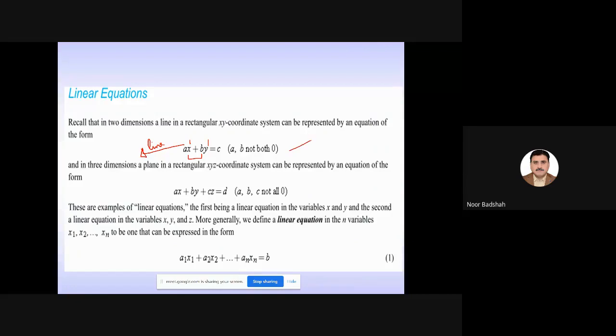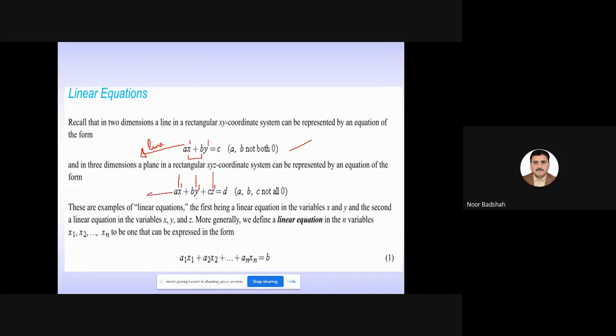That is representing a line, straight line. Whereas if you have an equation with three variables, x, y, and z, and if it is linear, you see linear means again power should be 1. This is linear with three variables.